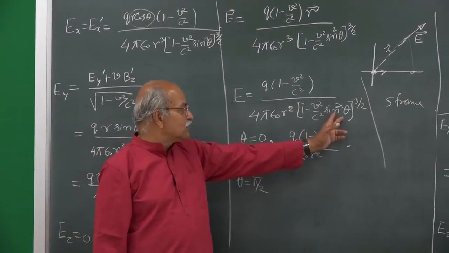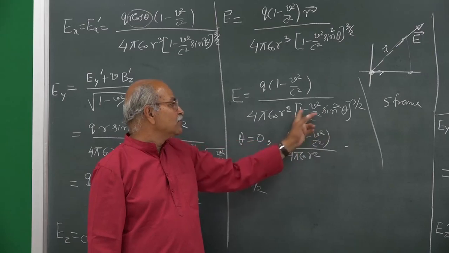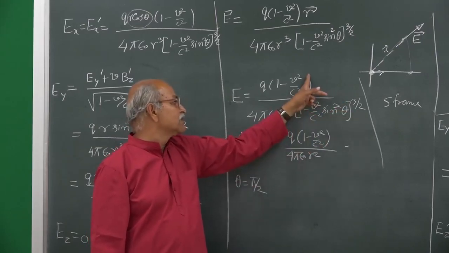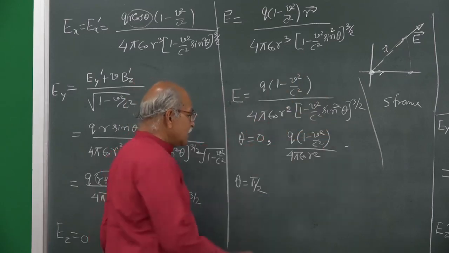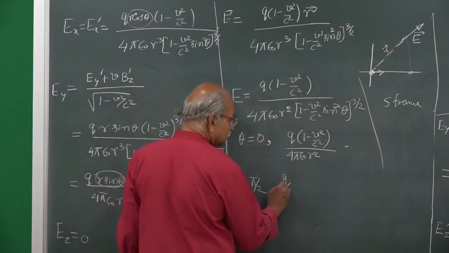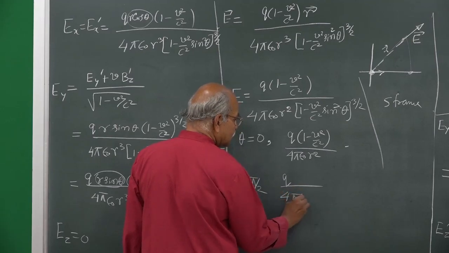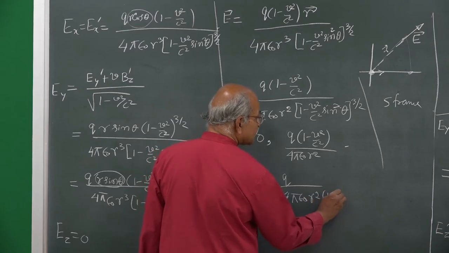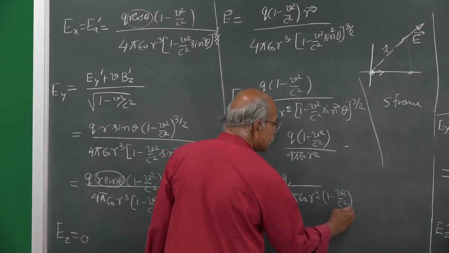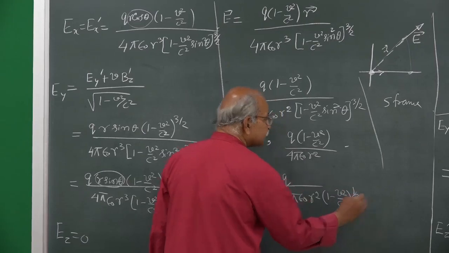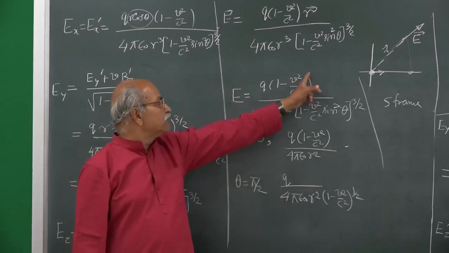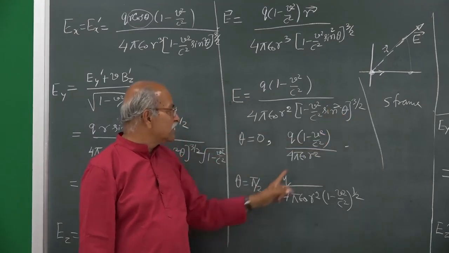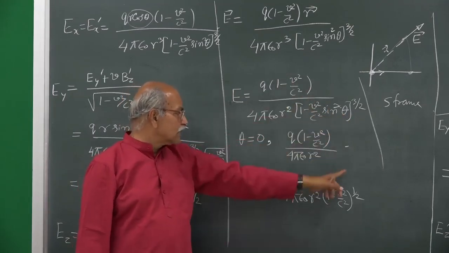If theta is pi by 2, sin theta is 1, and then it is 1 minus v square by c square to the power 3 by 2, the 1 in the numerator will cancel and you will have q divided by 4 pi epsilon naught r square, and then here the square root of 1 minus v square by c square, power half. Here you have power 1, here you have power 3 by 2, because sin theta is 1 at theta equal to pi by 2.